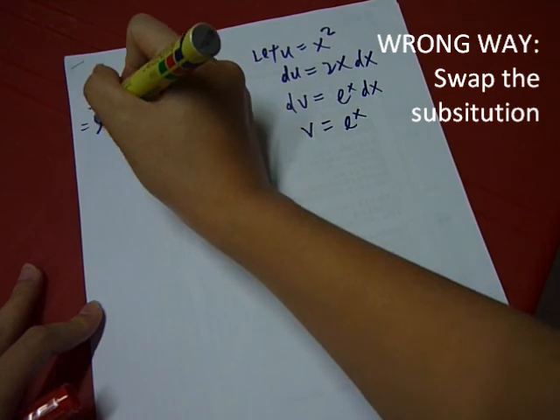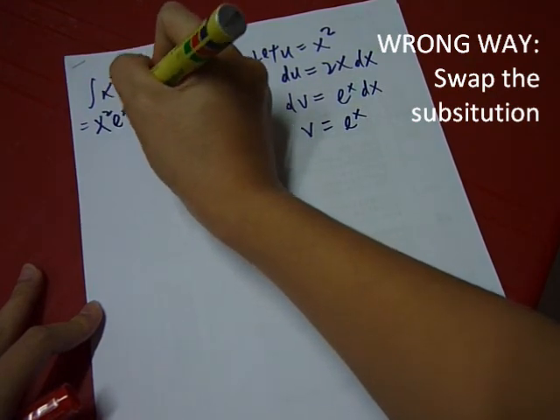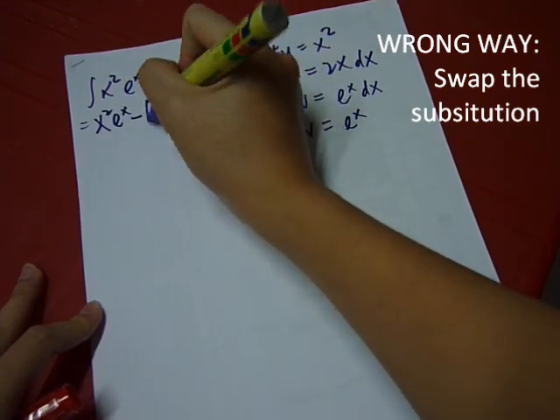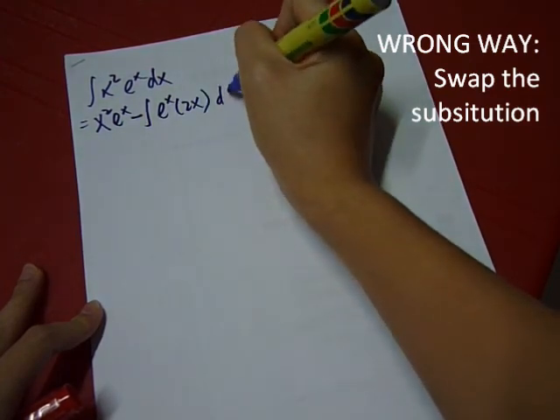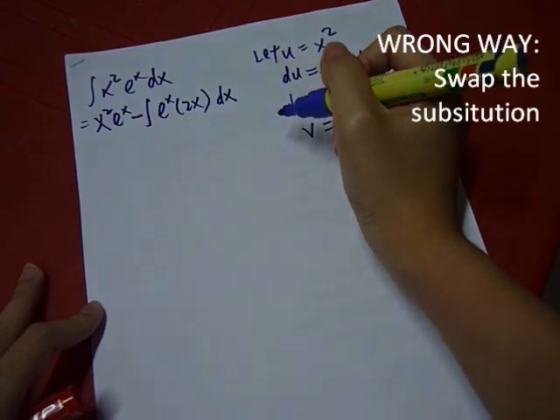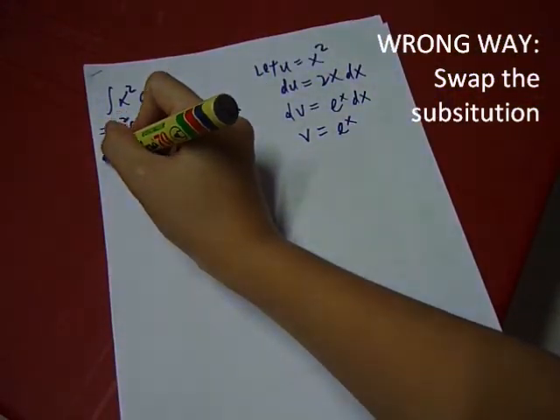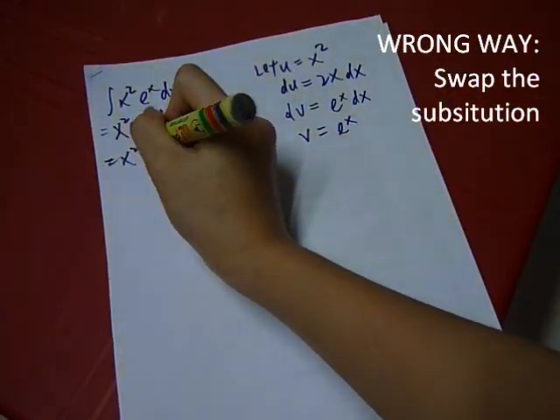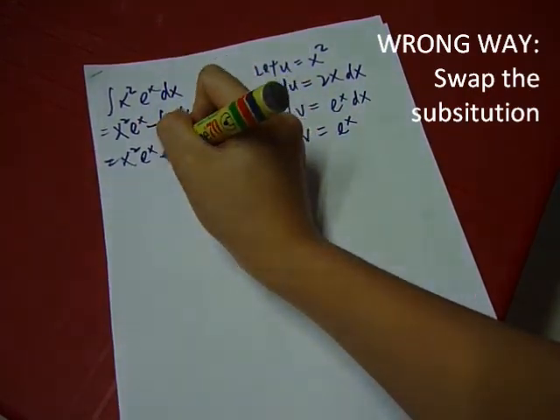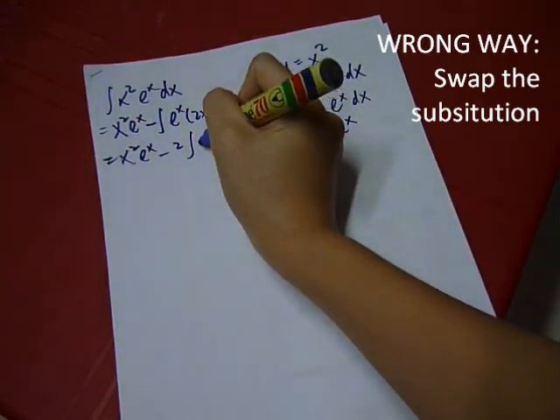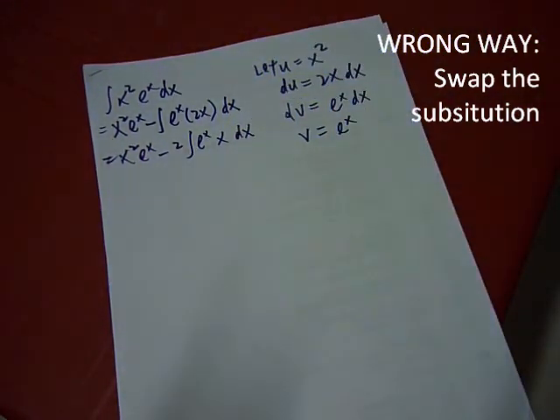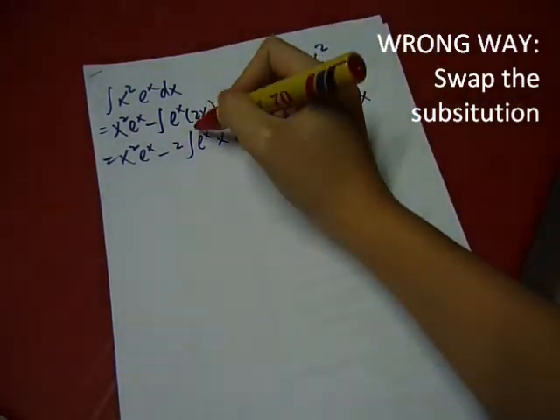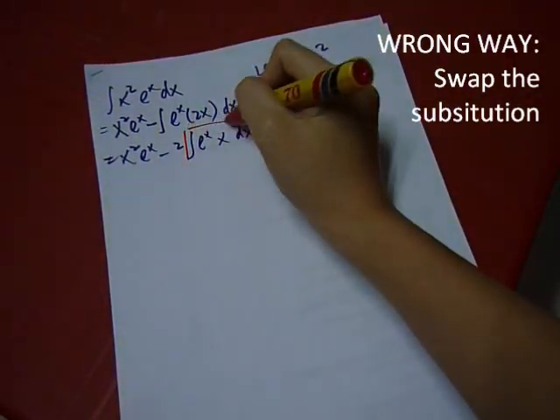We get x squared e^x minus integration e^x 2x dx, which is equal to x squared e^x minus 2 integration e^x x dx. And now we need to apply the formula again.